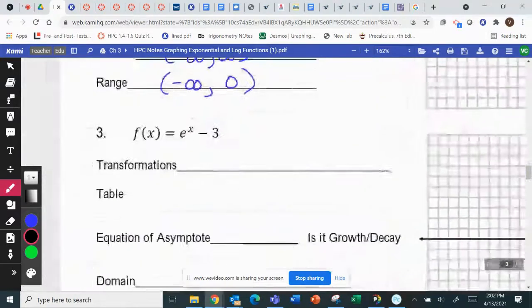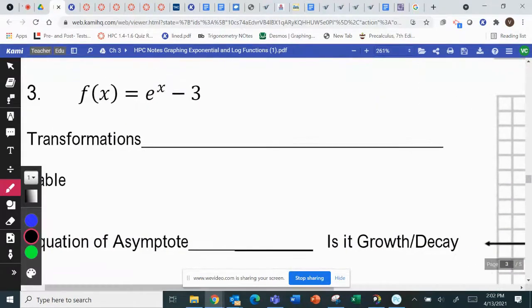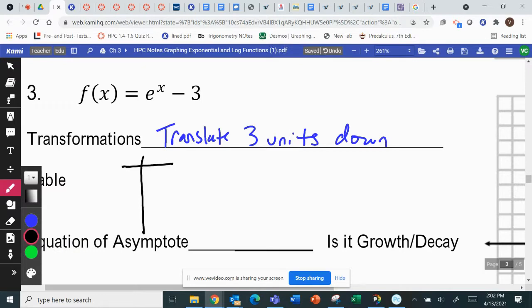You just got to be able to argue your way. Question 3 has an E in it. The transformation for this is just translate 3 units down. When I go to make my table, is this exponential or logarithmic?